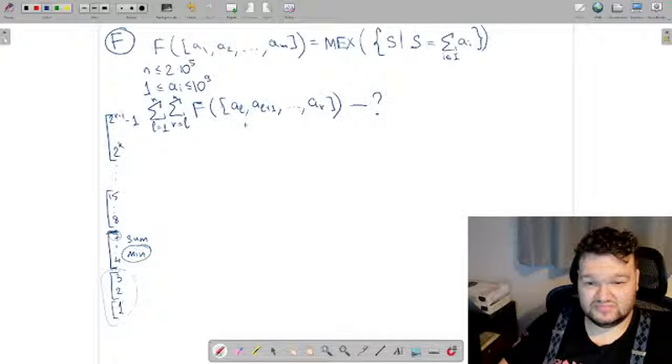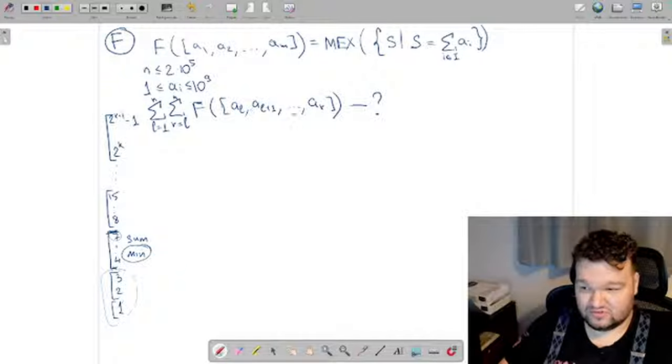Okay, so now we are fixing left border and want to sum up the answers for all the right borders.